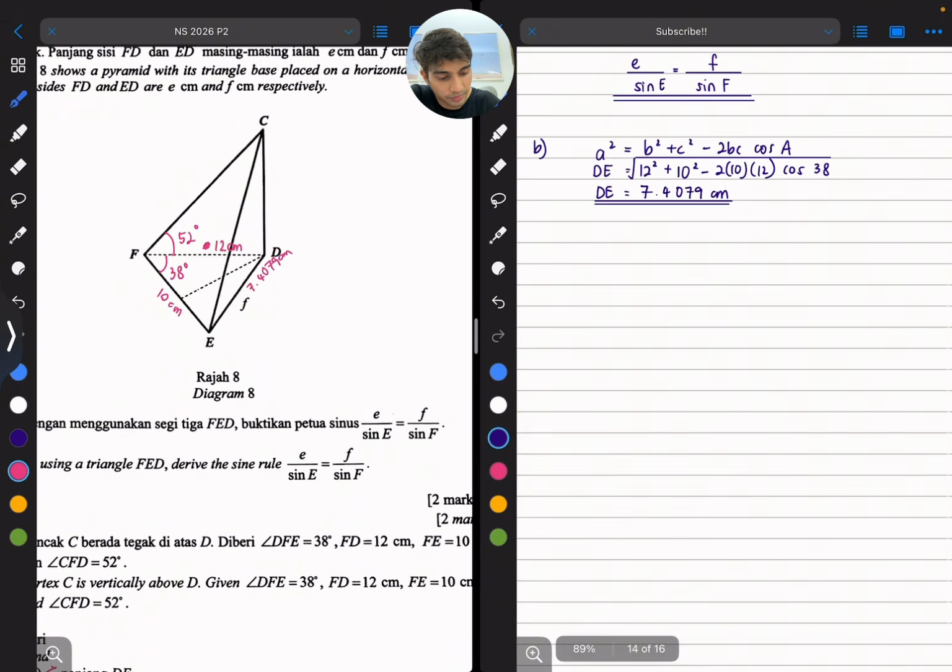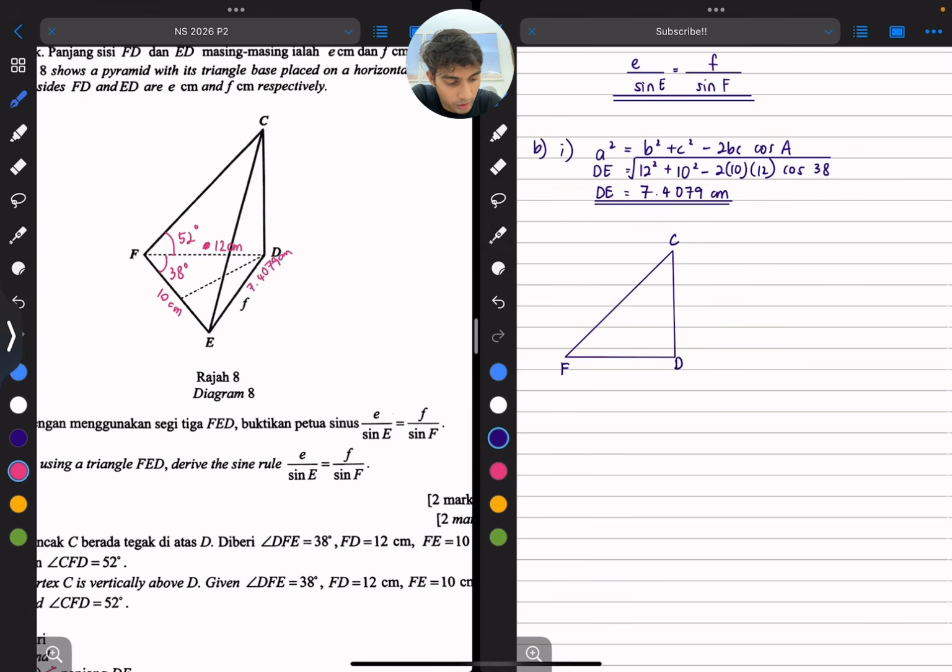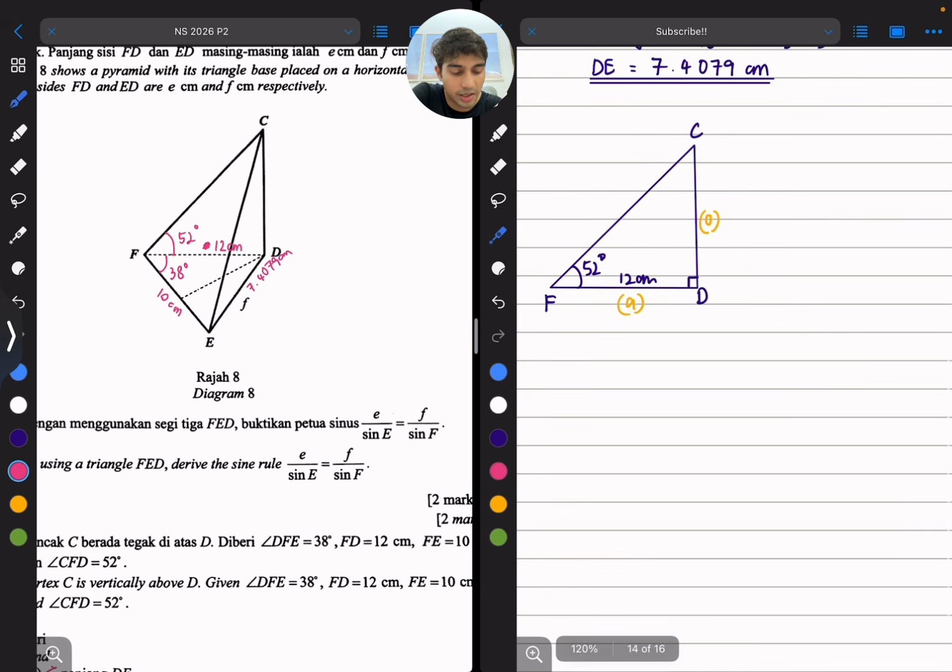Okay. So let me draw it here. First I'm going to draw triangle CDF, so you can get a better understanding now. This is 12 cm. This is 52 degrees. If you want to find this length, this is opposite, this is adjacent. So we can use SOHCAHTOA because it is a right angle triangle. A right angle triangle unlocks two formulas: one is SOHCAHTOA, one more is Pythagoras theorem. So every time you see a right angle triangle, you must remember these two formulas.